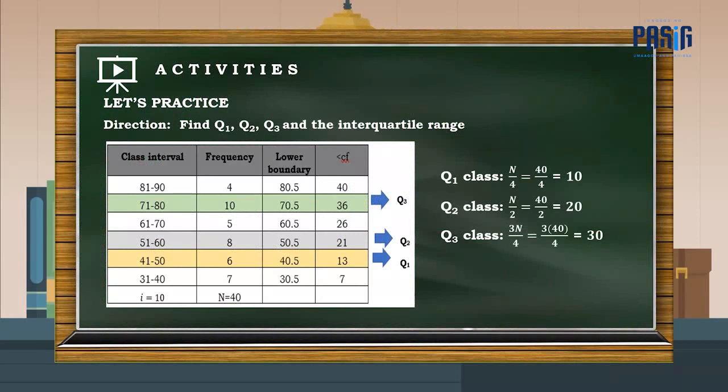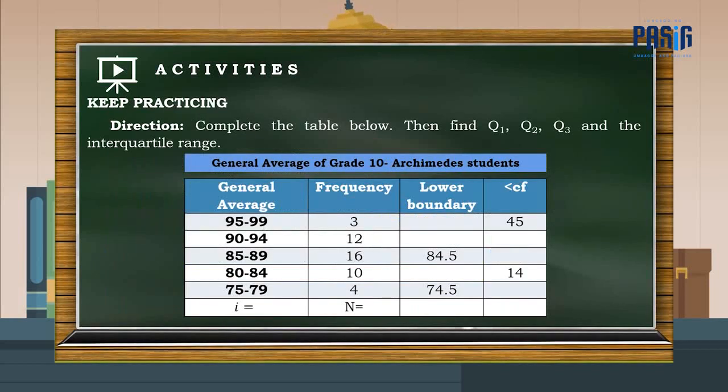Let us now answer the activities. Let's practice. Find Q sub 1, Q sub 2, Q sub 3, and the interquartile range. The values of lower boundary and the less than cumulative frequency are already given. Keep practicing.